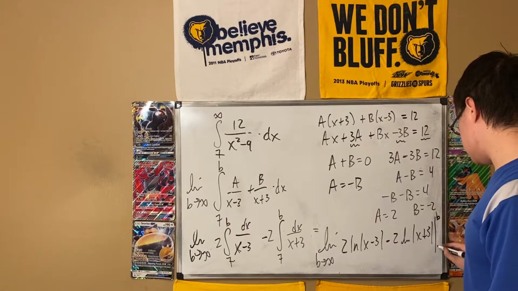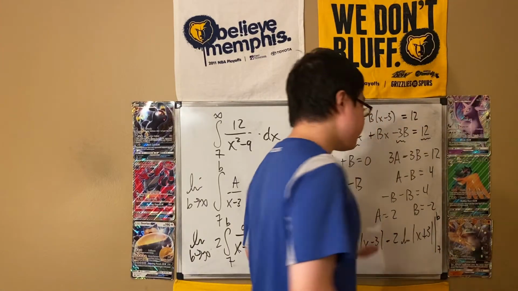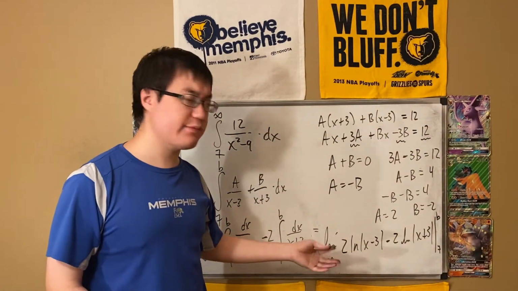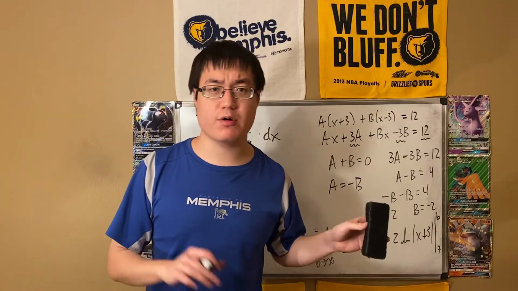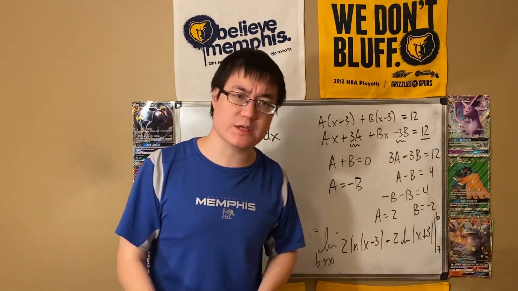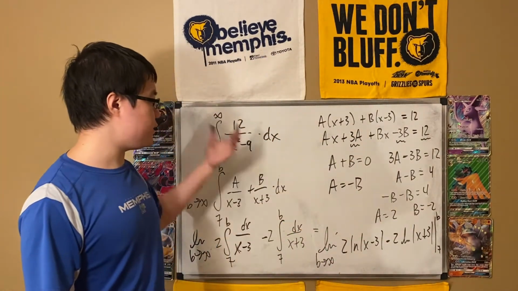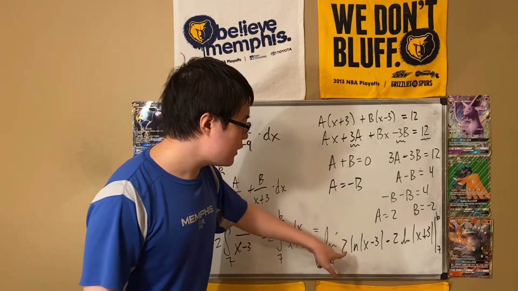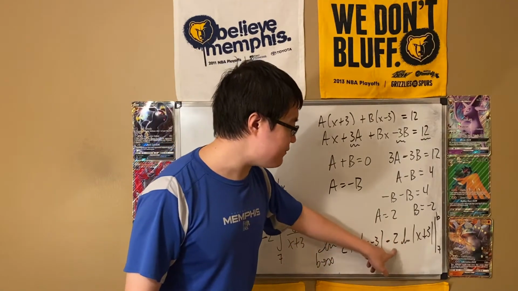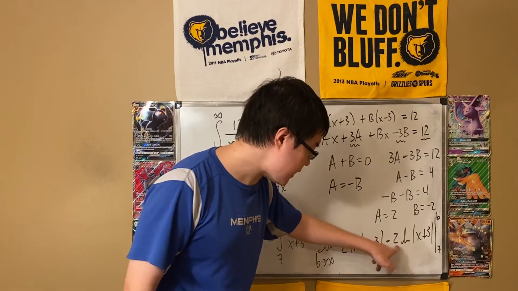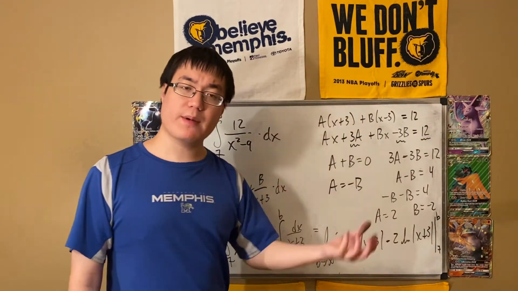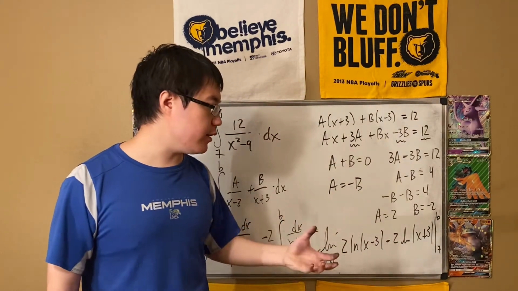One thing we do, especially when we have these infinities, I've seen this appear a few times on the AP exam when we have these infinities with partial fractions. When you have a number times ln with the same number times ln with a minus, remember that becomes a single ln.